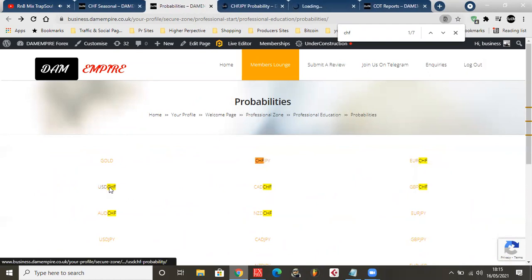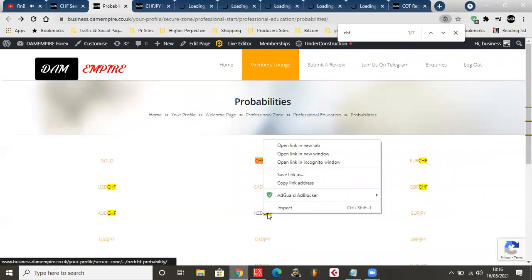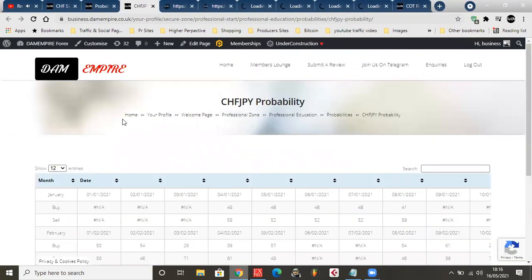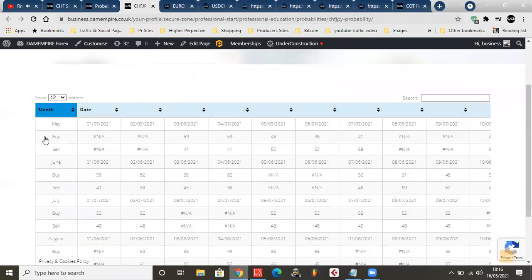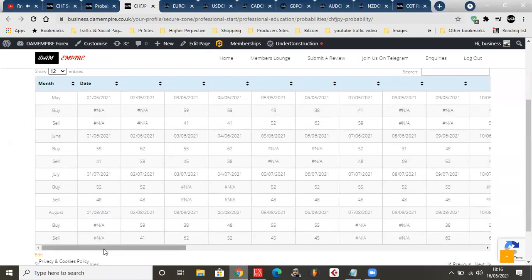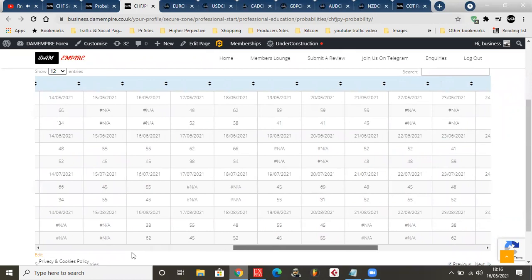All right, let's see what we can find. So with CHF, we're looking to short, right? So we're going to be shorting from ideally tomorrow. So tomorrow is the 17th, right?